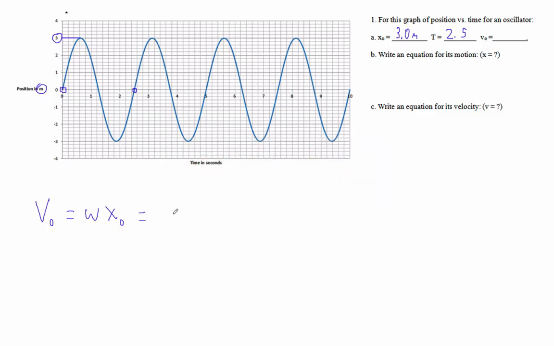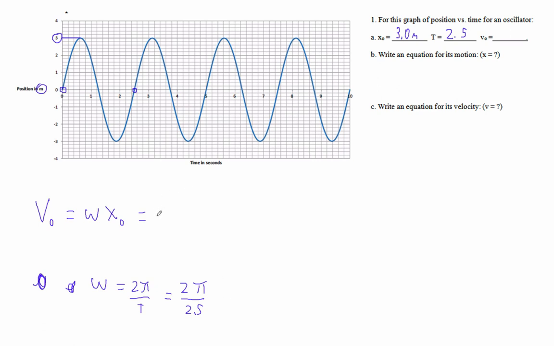Okay. So omega, remember, omega is 2 pi over T, right? So that is 2 pi over 2.5. Okay. And then, so let's figure this out.